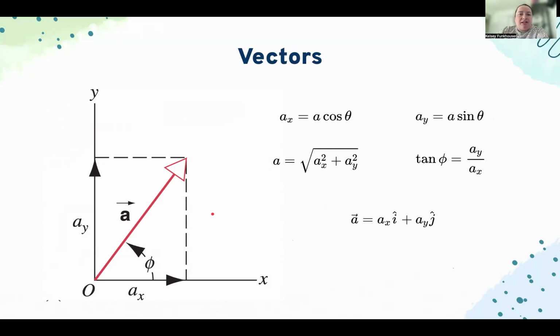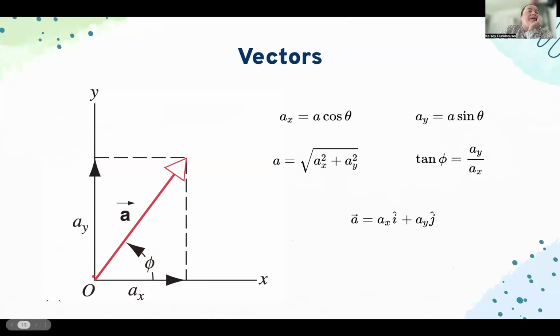We have a vector A here at an angle phi from the positive x-axis. And we can break our vector into its x and y components using trig. So the x component is here, A cosine of phi, and we know it's cosine because the x component is going to be here along the x-axis, A sub x, and that is adjacent to the angle.